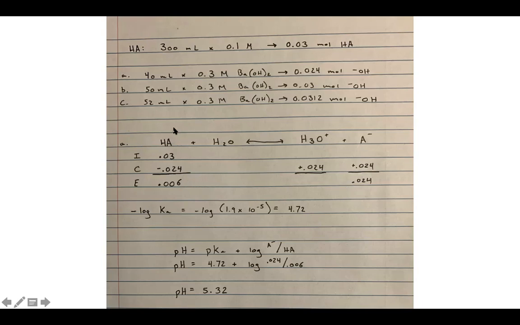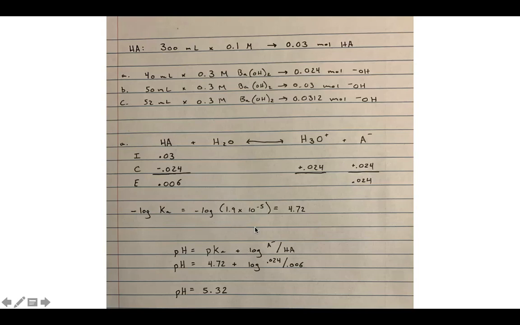Okay, and so because we have some amount of weak acid and conjugate base, we can actually solve for the pH using our Henderson-Hasselbalch equation, which is pH equals pKa plus log of base divided by acid. Okay, and so in order to use this equation, we need to find our pKa. And our pKa is equal to the negative log of our Ka. Okay, so the negative log, and our Ka was given in the initial problem.